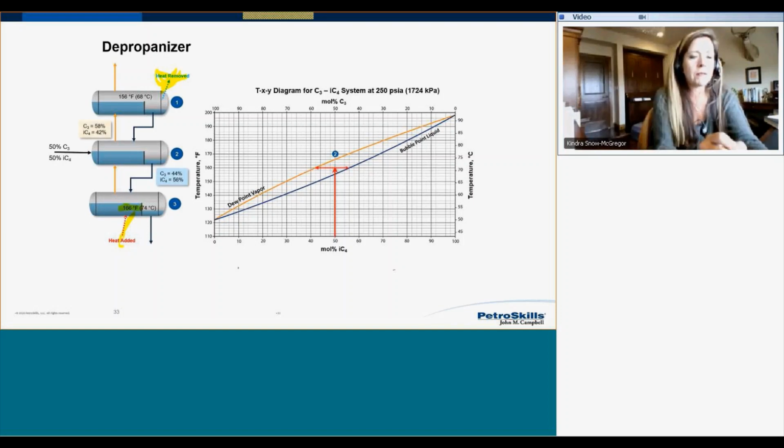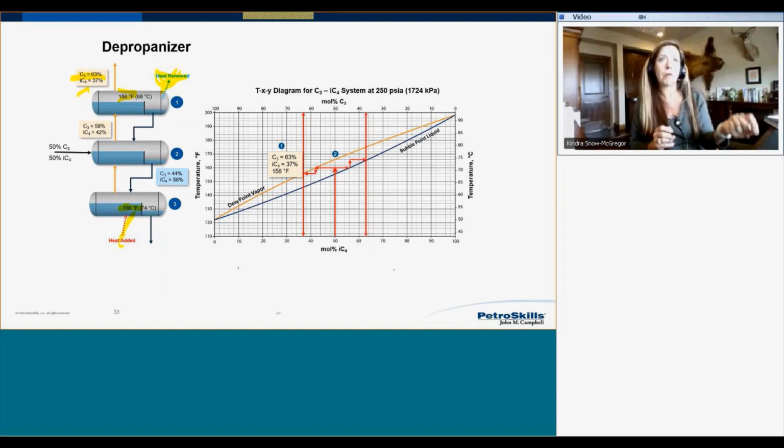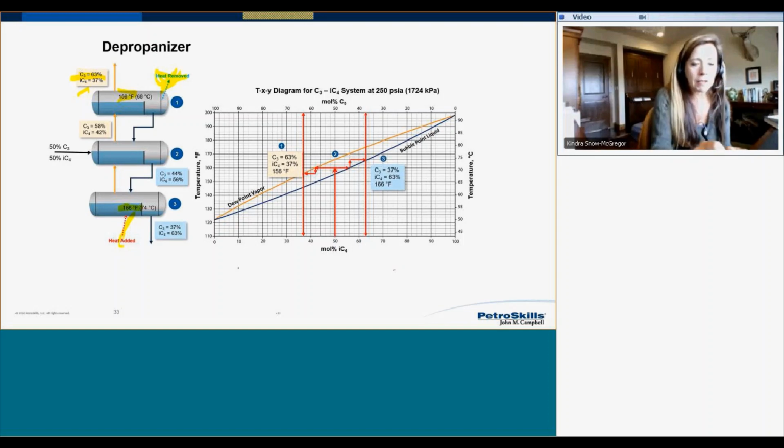I'm going to put my top temperature at 156. And so notice by the time I come out of the top separator, I have 63% propane, 37% isobutane, and the liquid leaving the bottom separator, the hot separator, is 37% propane, 63% isobutane.